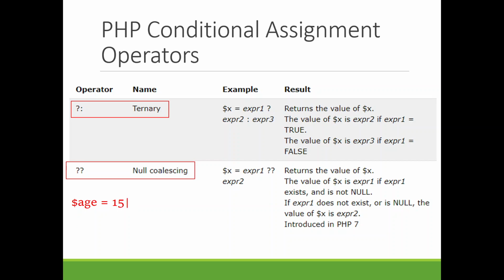We can create, for example, a variable called permission. Then we say age is less than 18, then question mark.